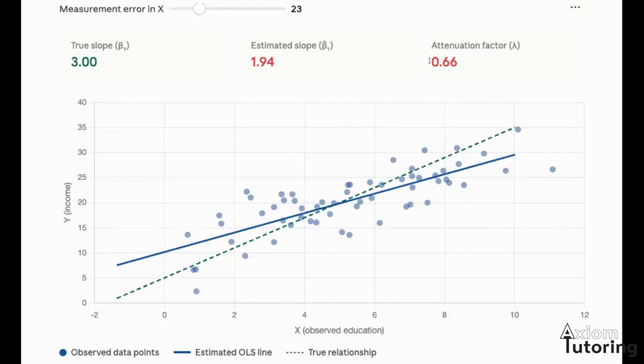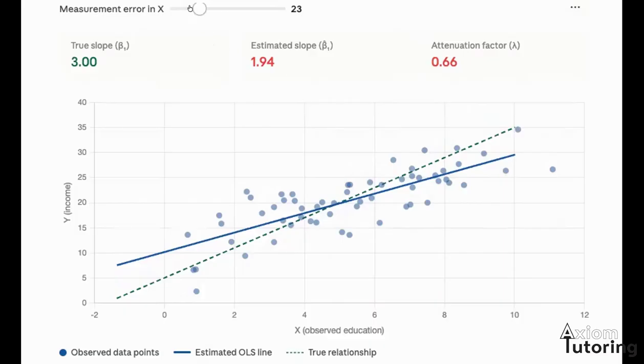If the true beta is not changing, the attenuation factor needs to become smaller and smaller for the slope to get flatter and flatter. The blue line tilts towards 0 while the green dashed true line stays fixed, and attenuation falls from 1 towards 0.